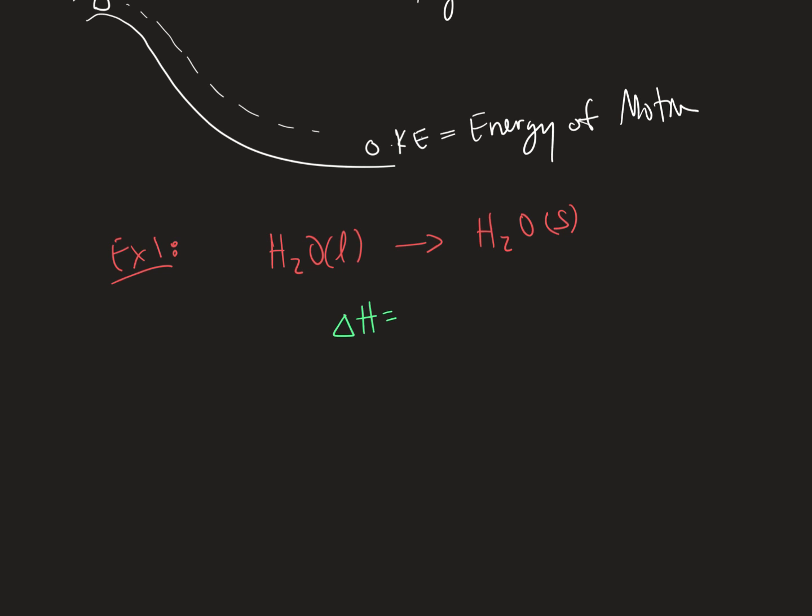We have to release the heat. We have to get rid of the heat from the liquid water. So it's a negative, and I'm going to give you this value. You don't have to memorize it. 6.03 kilojoules. Is it 603 or 6.03? I can't remember. 6.03. Okay? It's not something we have to remember? No. I will give you this value. Okay?